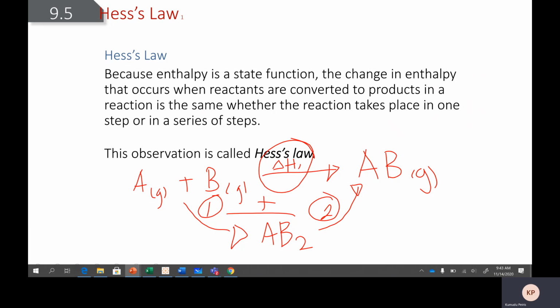That observation is known as Hess's law. Numerically, if I call the two steps delta H2 and delta H3, then delta H1 equals delta H2 plus delta H3.